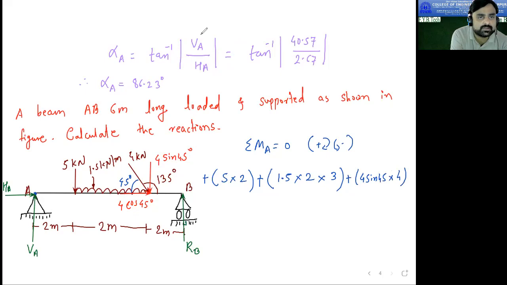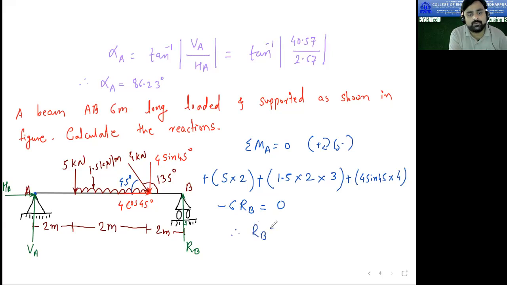Then the last one is this RB. RB distance is 6 from point A, and it is moving up, so it will rotate in an anti-clockwise direction. Minus 6 RB is equal to 0.